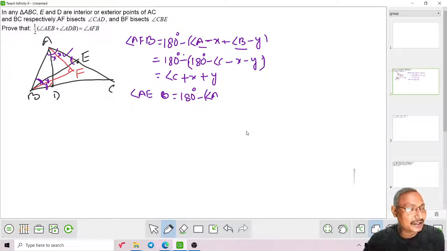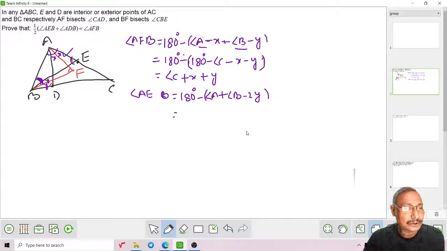In this triangle AEB, this angle is equal to, clearly, B minus 2y. The whole angle is B and these two angles are collectively 2y. So this is equal to 180 degrees minus angle A plus B minus 2y.